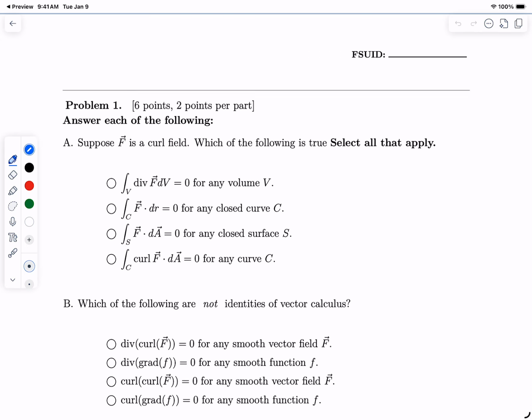Okay. So suppose F is a curl field, which of the following is true? What do you think? First, second, third, or fourth?